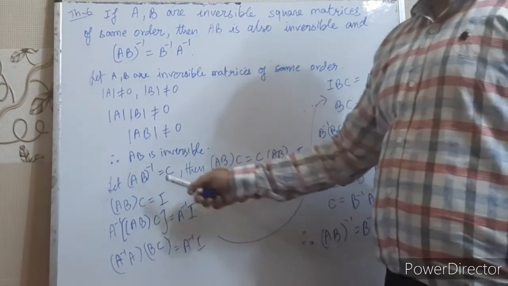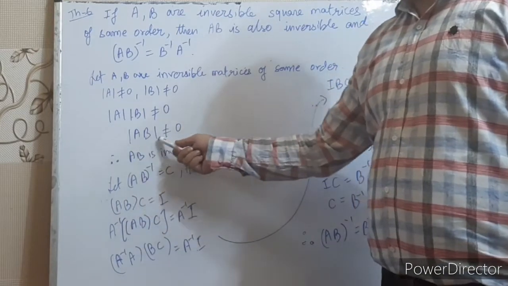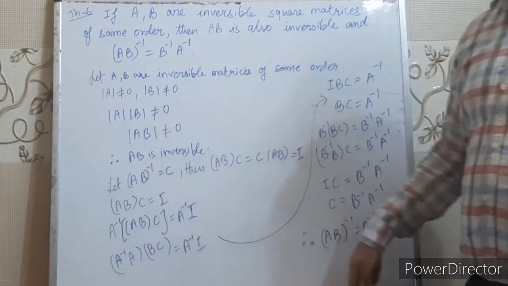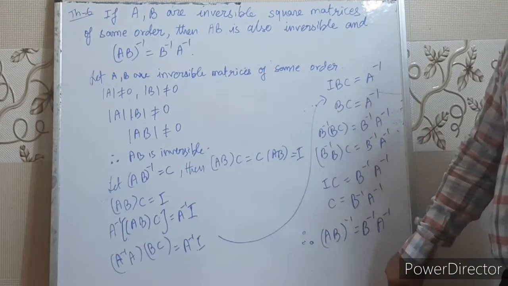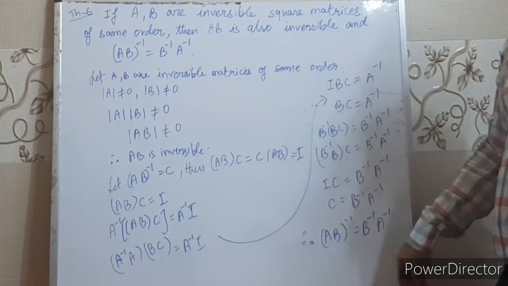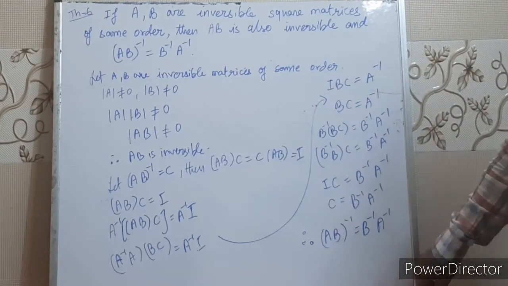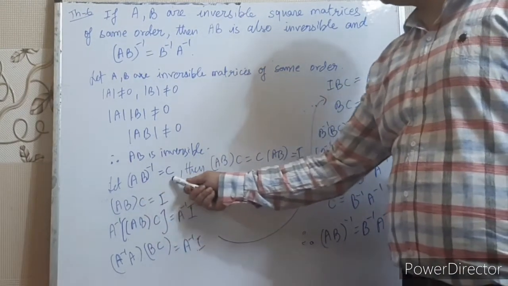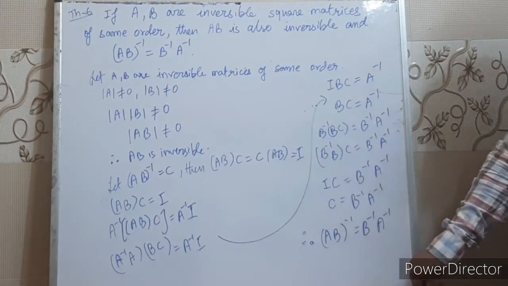Now we can say that determinant of AB is not equal to 0, then AB is a non-singular matrix, and we can say that AB is invertible. That means inverse of AB exists, and let the inverse of AB be any matrix C.